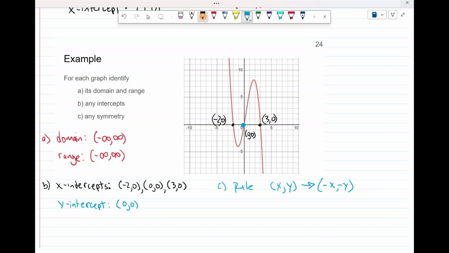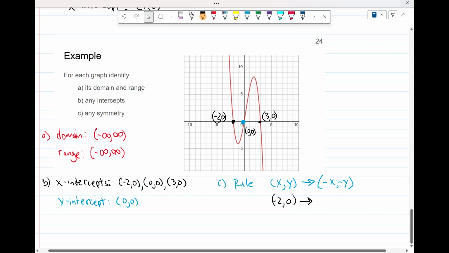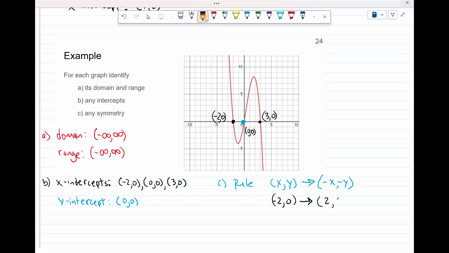So for example, I know that negative 2, 0 is on my graph. It's right here. If this graph has symmetry about the origin, that would mean that the opposite point would be on there, which would mean the opposite of negative 2 is positive 2, and the opposite of 0 is negative 0, but negative 0 is the same as positive 0.